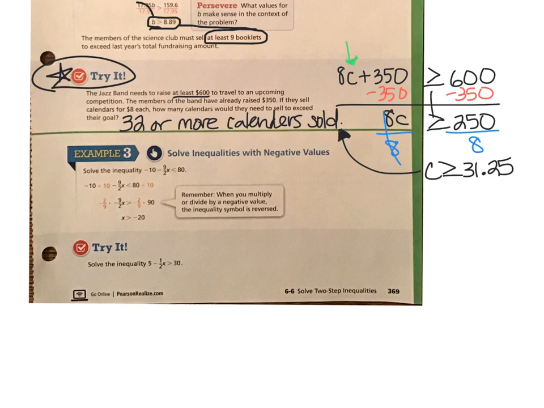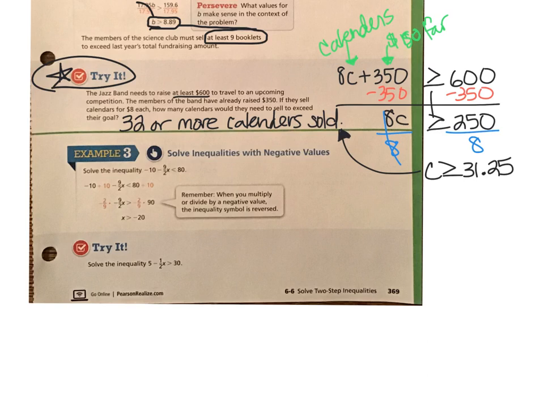And we know that they already have $350 so far. So this is the amount from the calendars they need to sell, and what we want is for that to be greater than or equal to the $600 that they need. So that's the at least 600 part.